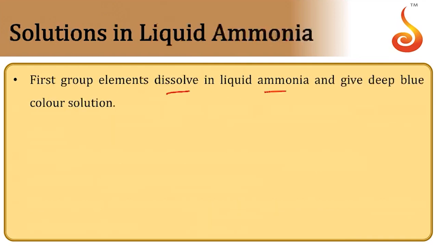Then comes solution in liquid ammonia. These first group elements dissolve in liquid ammonia and form a deep blue colored solution. When you dissolve the metals in liquid ammonia, the solution contains electrons. A metal dissolving in ammonia ionizes, forming the metal ion plus electrons.